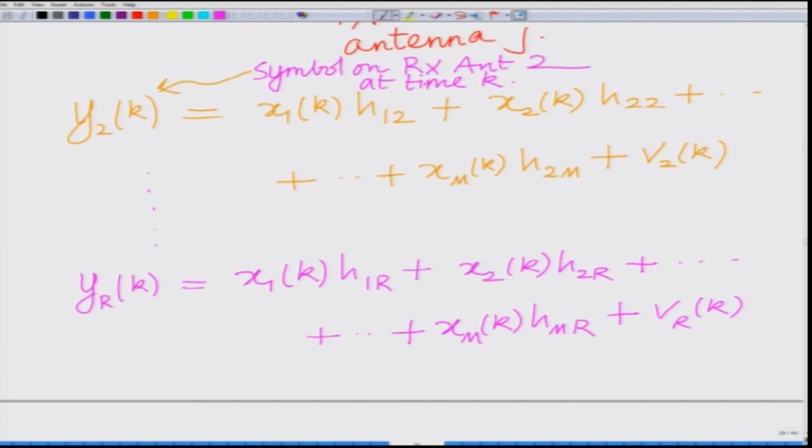Alright. So, now I have the relations for y1k, y2k up to yRk. I can now put these together as a vector. Alright. So, now I can form the vector model as follows.